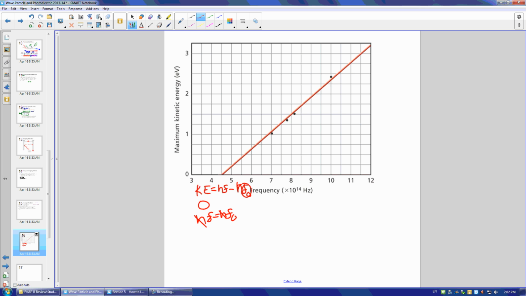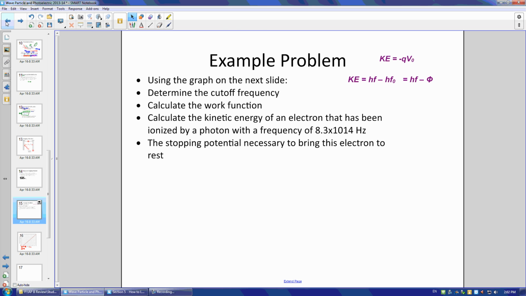The h's cancel. So right here, where kinetic energy is 0, this is my cutoff frequency. So 4.5 times 10 to the 14th. Okay, so that's my cutoff frequency.